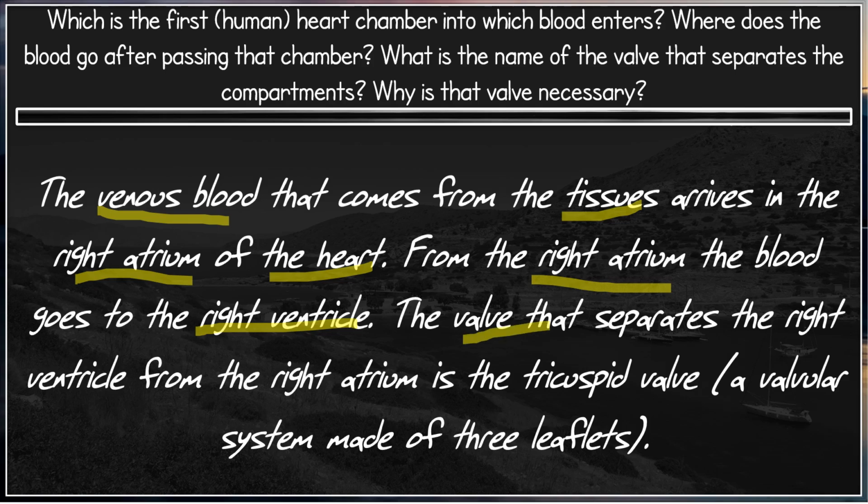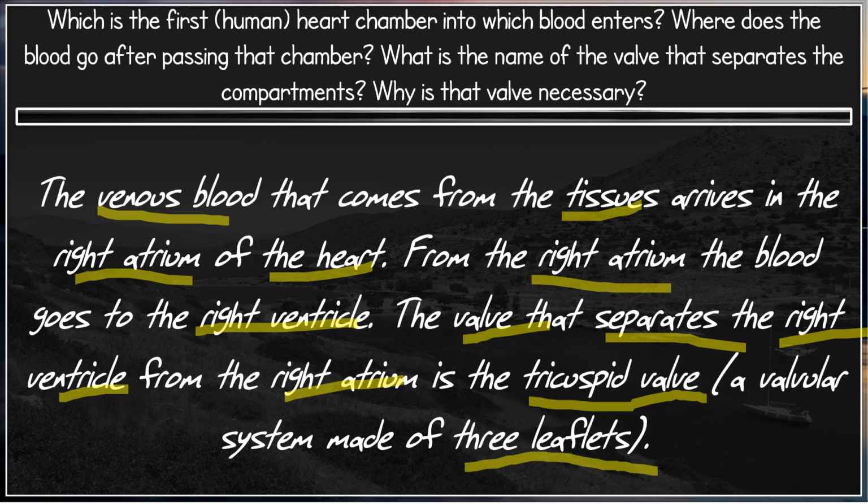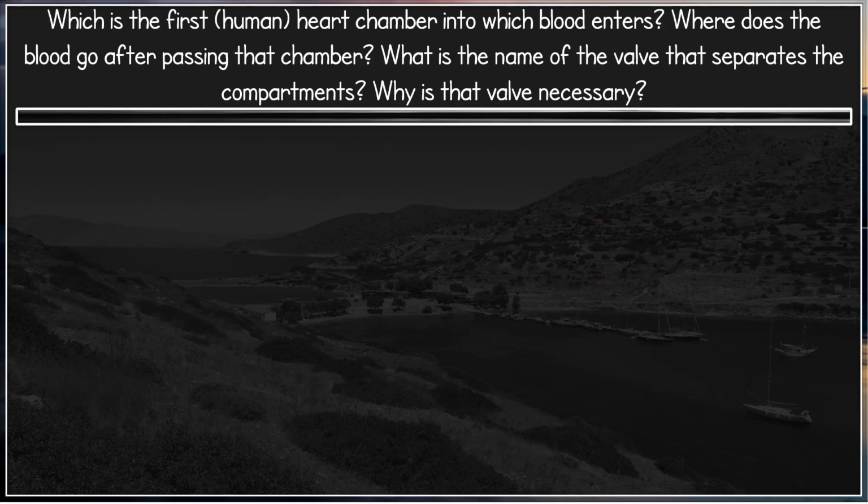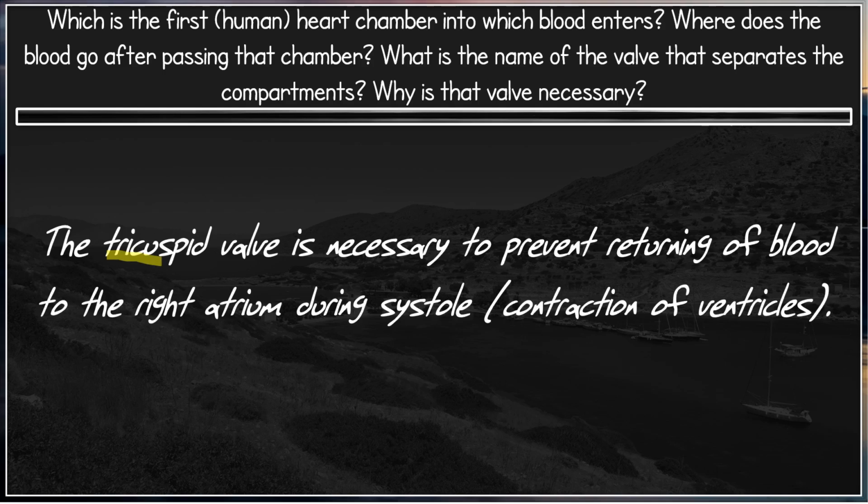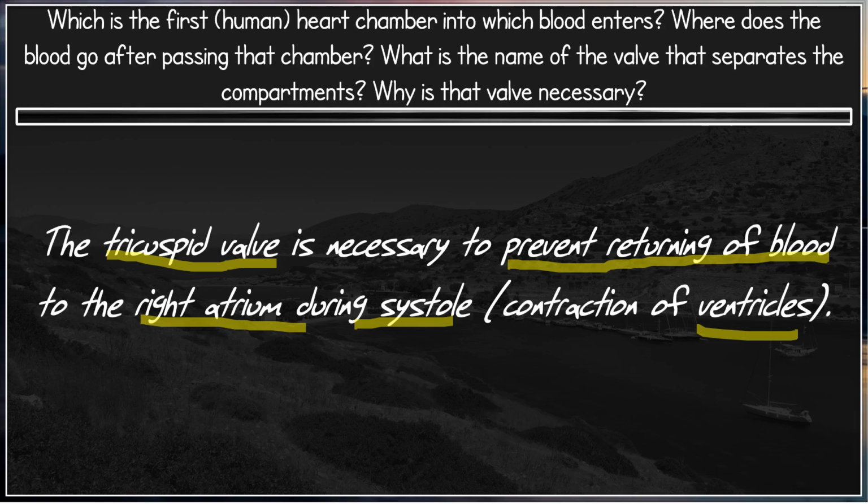The valve that separates the right ventricle from the right atrium is the tricuspid valve, a valvular system made of 3 leaflets. The tricuspid valve is necessary to prevent returning of blood to the right atrium during systole, the contraction of the ventricle.